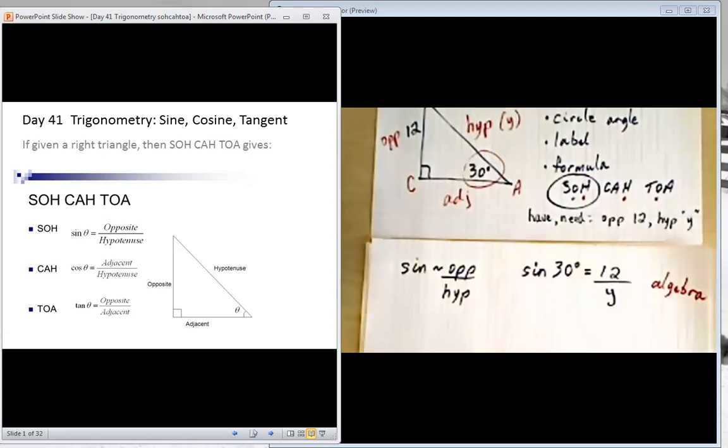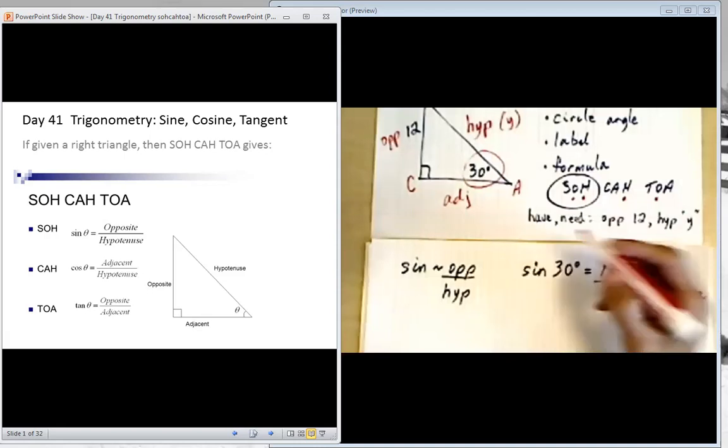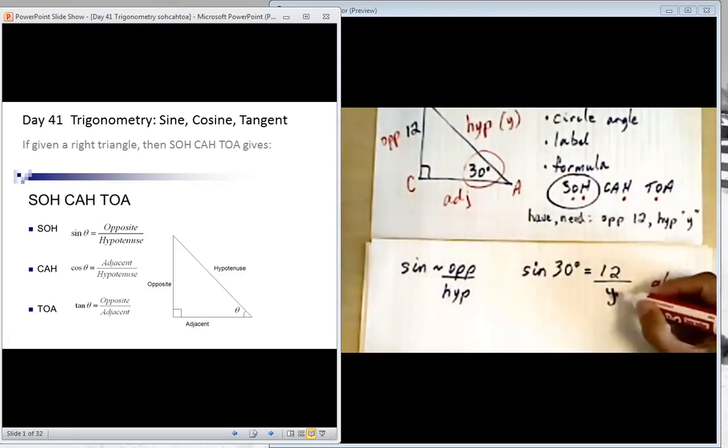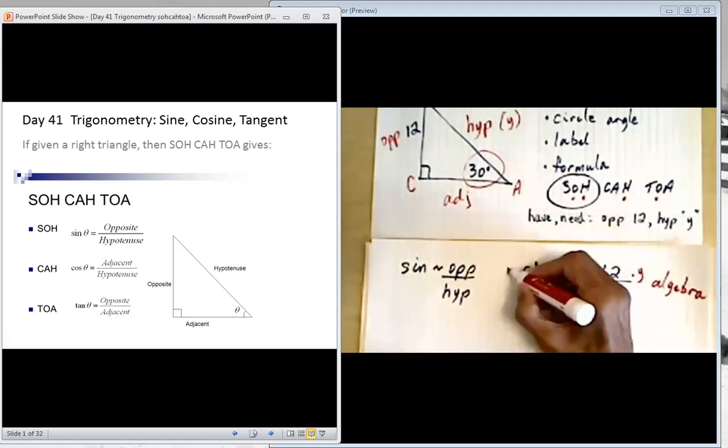Now, it's not like we invent new rules of algebra or anything. It basically just makes an extra step. So what we can do, we want to get y out of the bottom and onto the top. That's the first thing to do. Because it's divided by y, we multiply both sides by y.